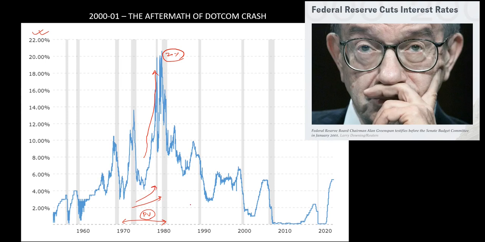But then something of an antithesis happened to this during the dot-com crash. By the dot-com crash, we mean the period of 99, 2000, 2001. During this period, there was a new phenomenon called the internet.